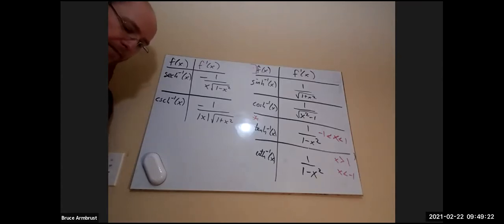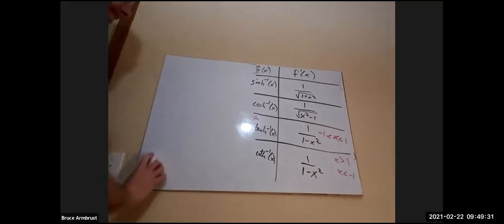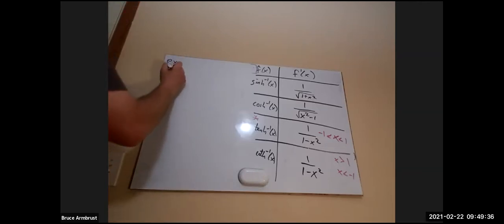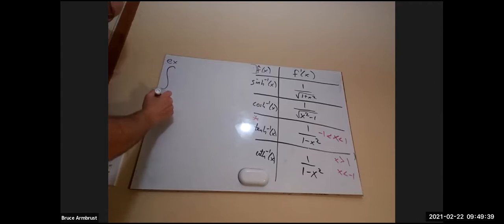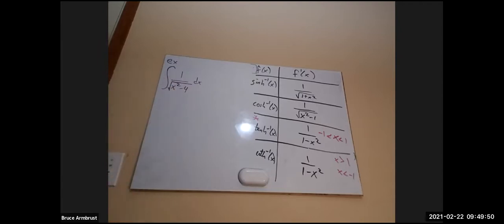So let me show you how this plays out. For example, let's say we wanted to integrate 1 over the square root of x squared minus 4 dx. So you look at that, and you probably have some flashbacks to the inverse trig functions.